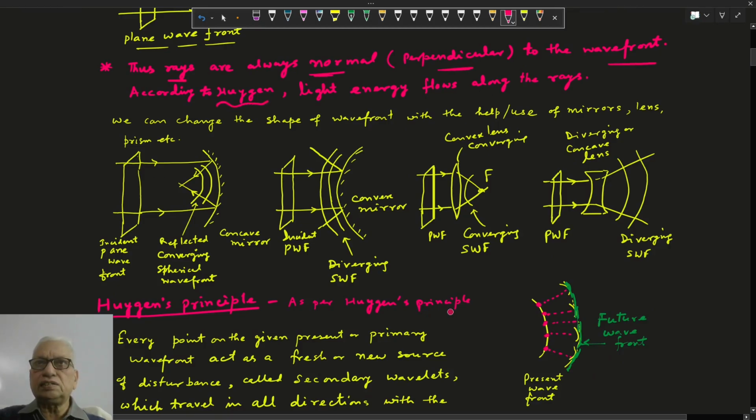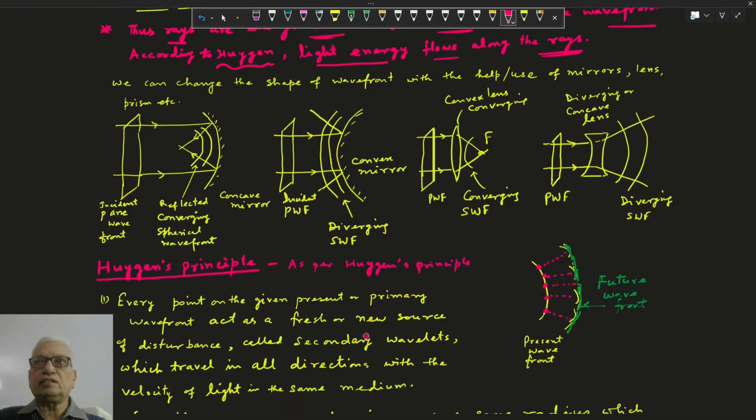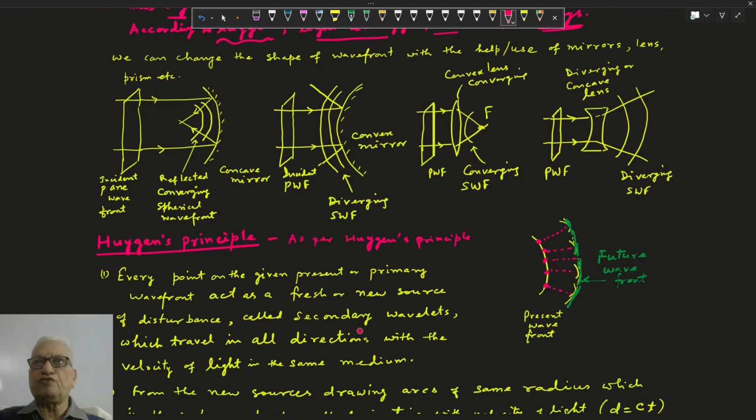According to Huygens, light energy flows along the rays. Here we can change the shape of wavefront from plane wavefront to converging or diverging spherical and vice versa with the help of a concave mirror, convex mirror, convex lens or concave lens.